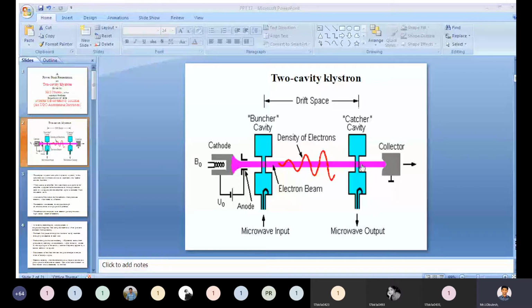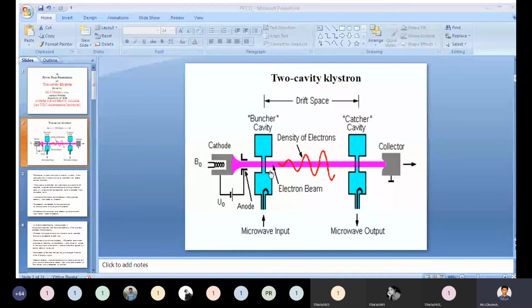After passing through the catcher cavity and giving up its energy, the lower energy electron beam is absorbed by a collector electrode, a second anode which is kept at a small positive voltage.